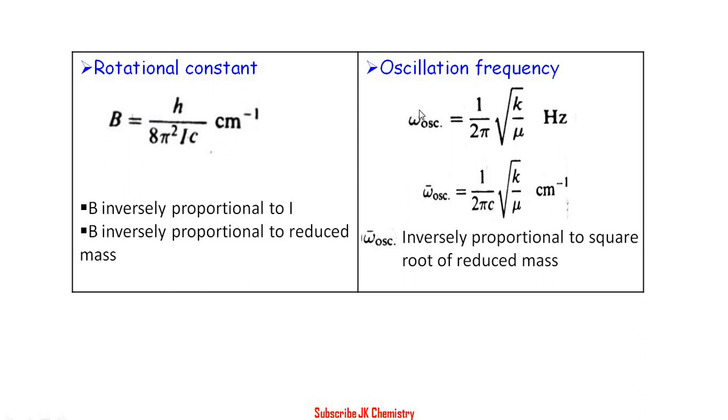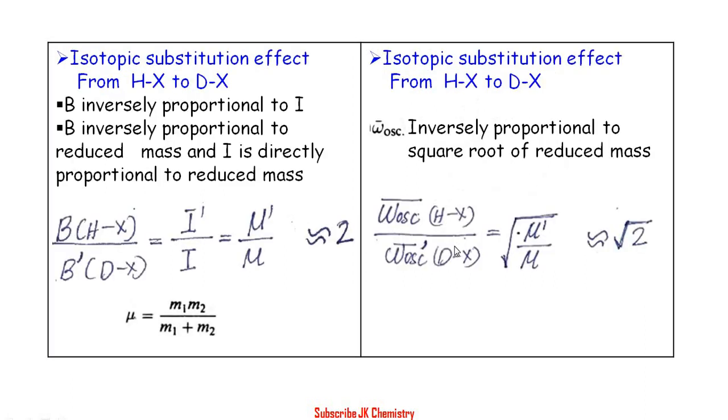So if we want to express this oscillation frequency in centimeter inverse, you just divide by c. You will get 1/(2πc) √(k/μ) centimeter inverse. This is a very important equation. You can see this ω oscillation is directly proportional to the square root of the force constant, and inversely proportional to the square root of the reduced mass. That is another implication of this equation.